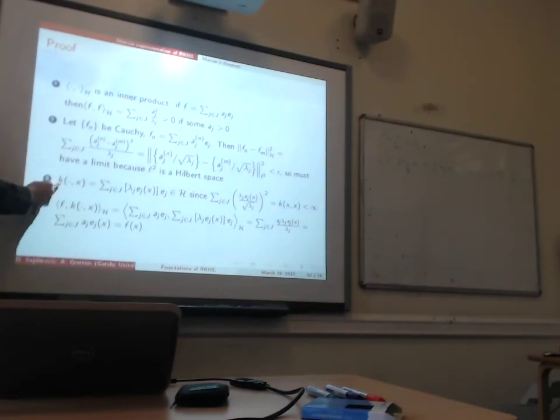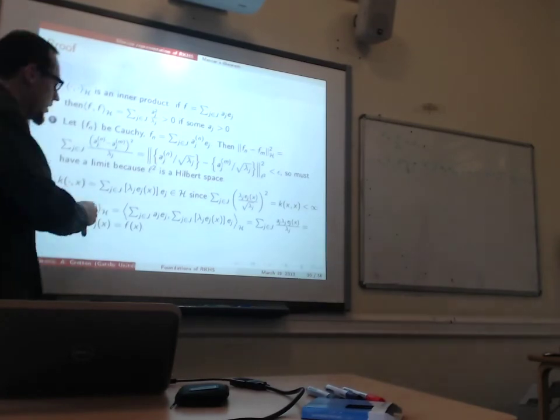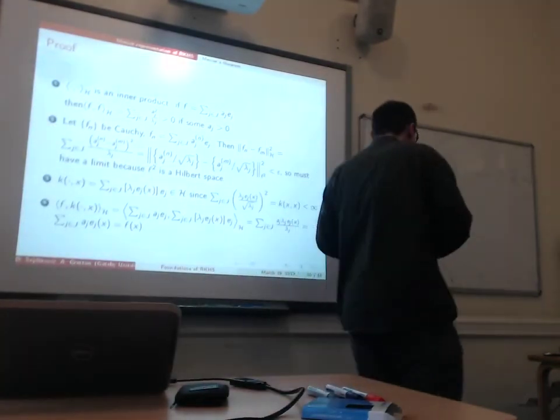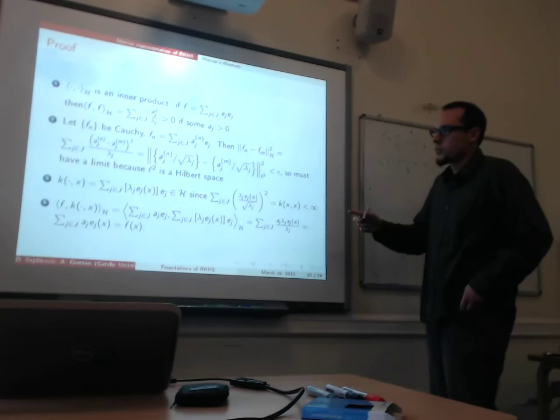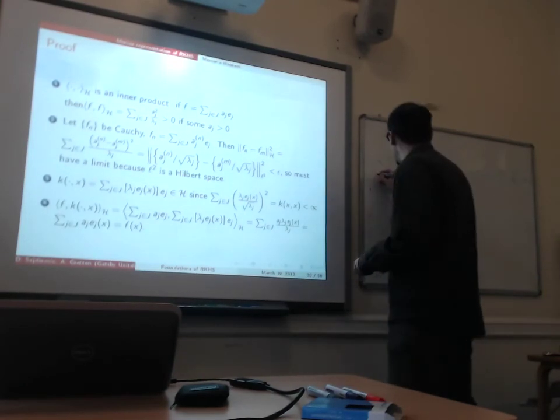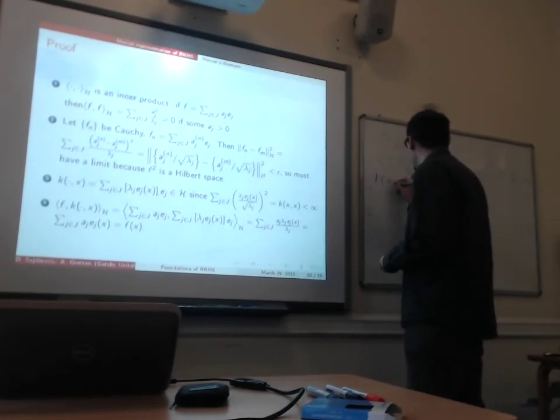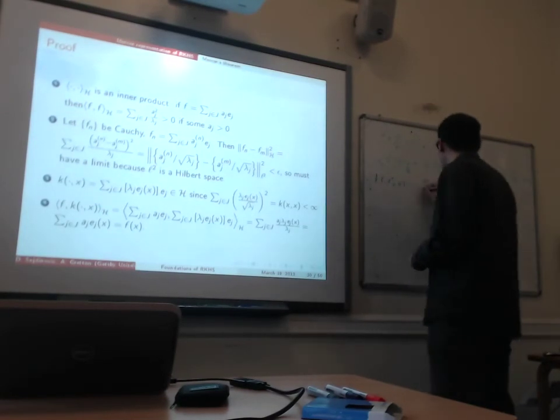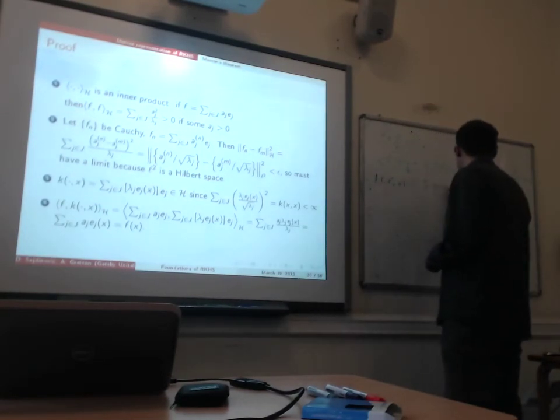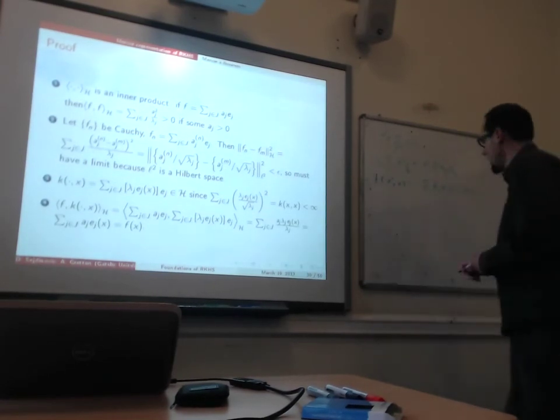First one is that this k(., x) function has to lie in that space. So let us check that. Does it lie in that space? Well, by Mercer's theorem, k(x', x) is just the sum of lambda_j e_j(x') e_j(x).